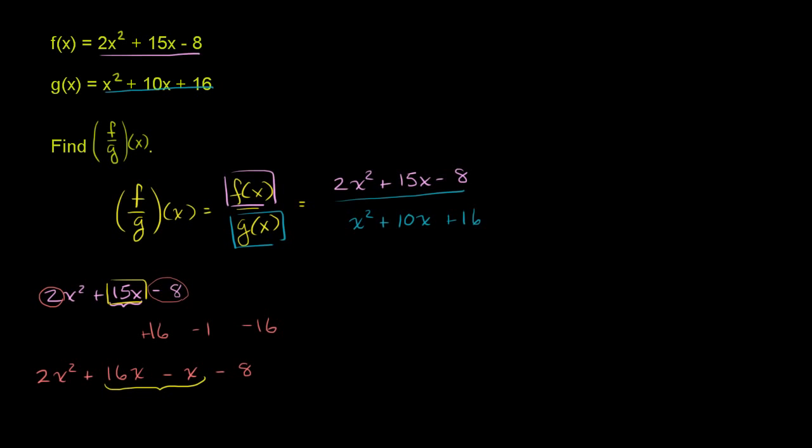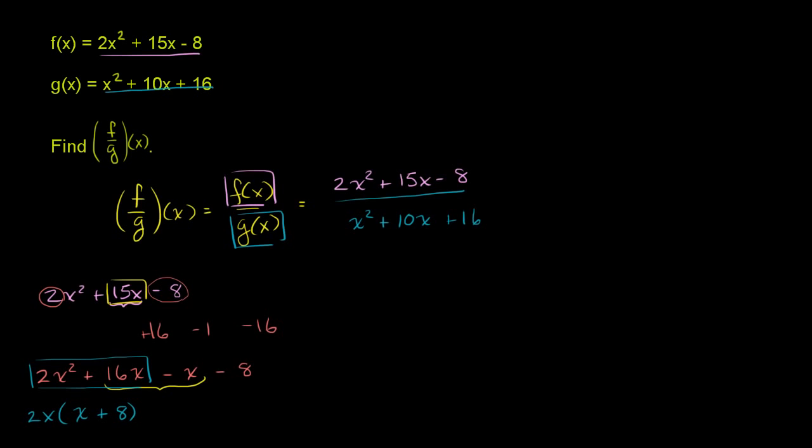Now what's useful about this, and this is why we call it factoring by grouping, is we can see, are there any common factors in these first two terms right over here? Well, both 2x squared and 16x are divisible by 2x. So you can factor out a 2x of these first two terms. So this is the same thing as 2x times x plus 8. Right? 16 divided by 2 is 8. x divided by x is 1. So this is 2x times x plus 8.